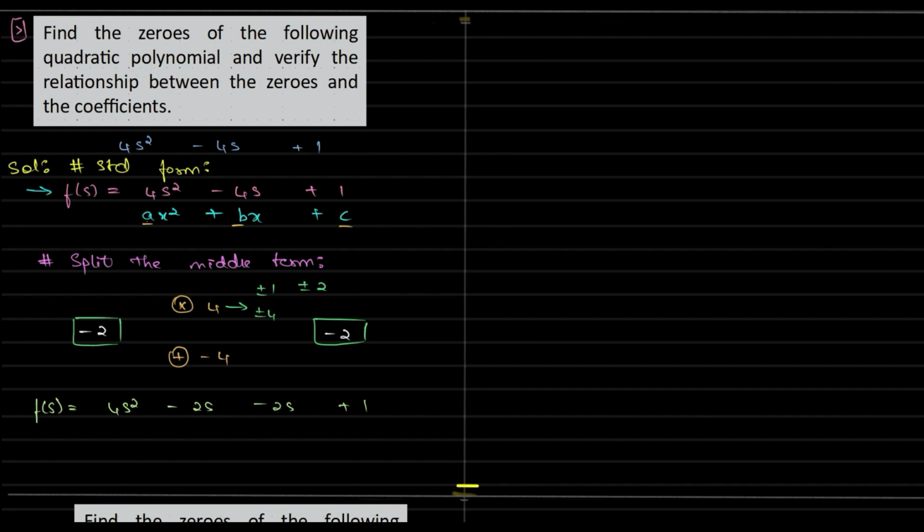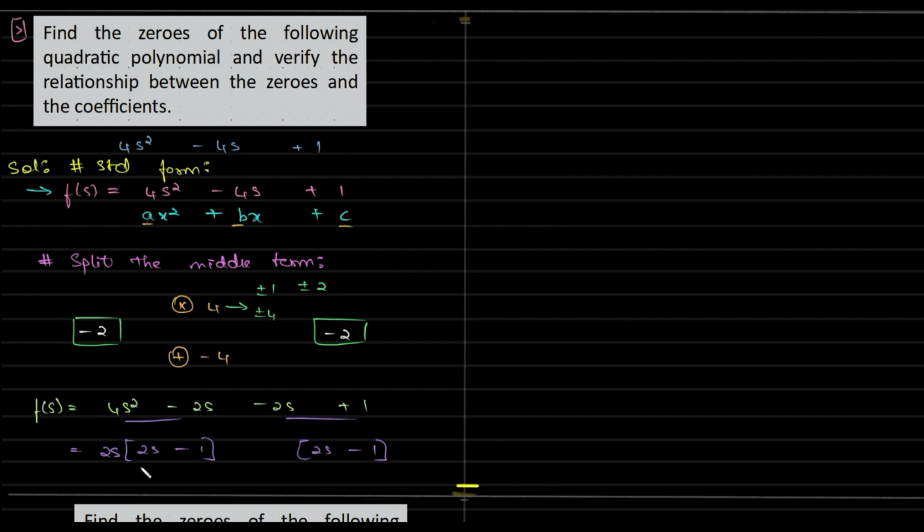Next step is quite simple, taking common. Between these two, 2s is common, so you'll be left with 2s minus 1. Taking common, you need to be thorough with exponents and the distributive property. So work on your basics, then this will make sense. If not, it will be difficult. Technically I need 2s minus 1 here too, after splitting and taking common.